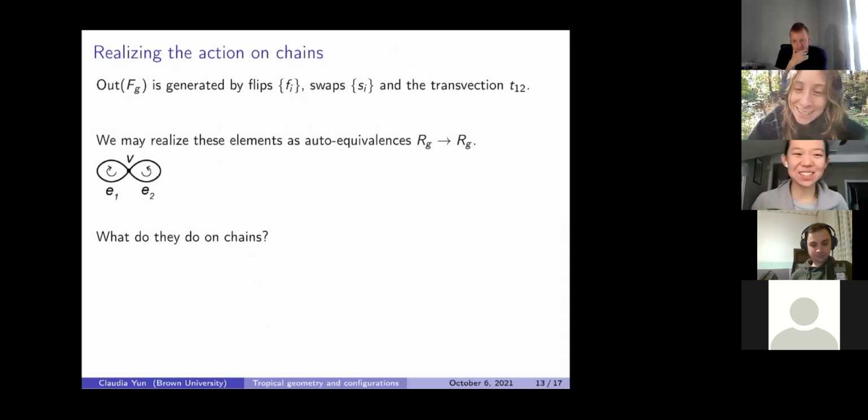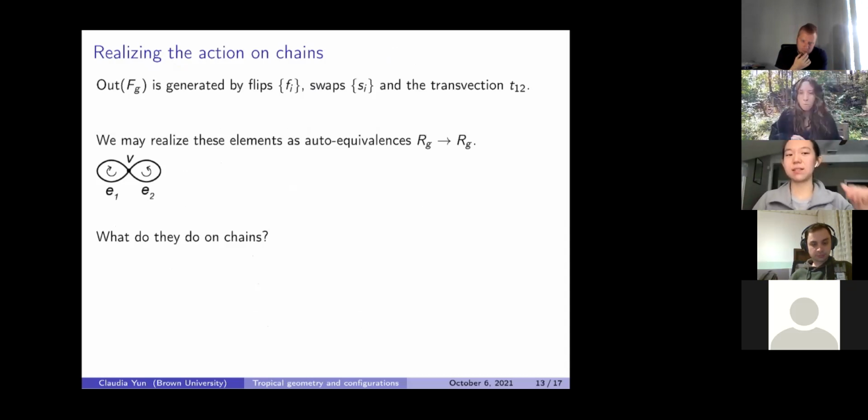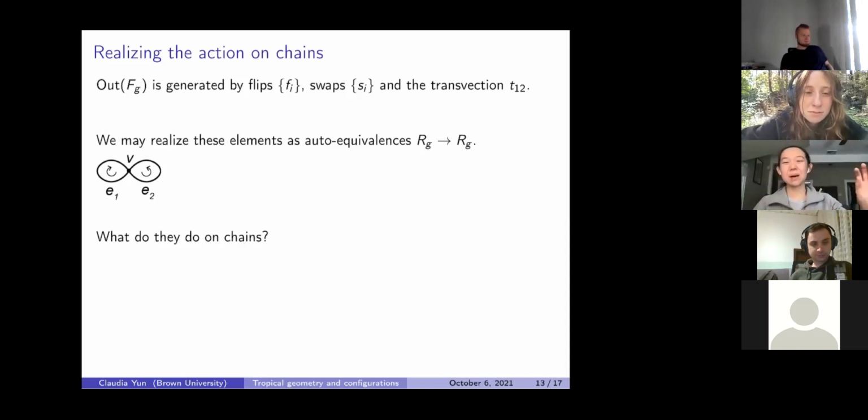Okay, so basically the idea is that Out of G is actually generated by particular elements. And even though Out of G doesn't act on the chains, because the action of Out of G is up to homotopy, but your configurations are not up to homotopy, if you go up to homotopy then you get different configurations. But we can realize this action by automorphisms of RG to RG.